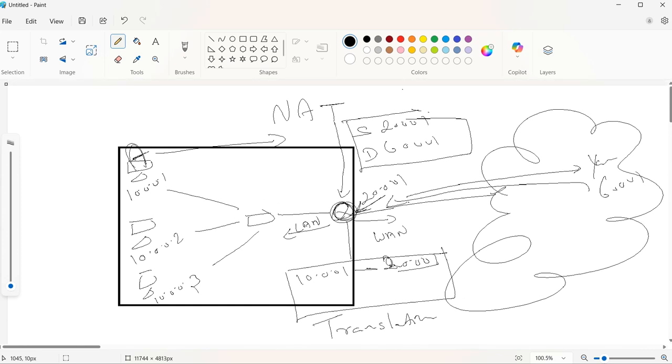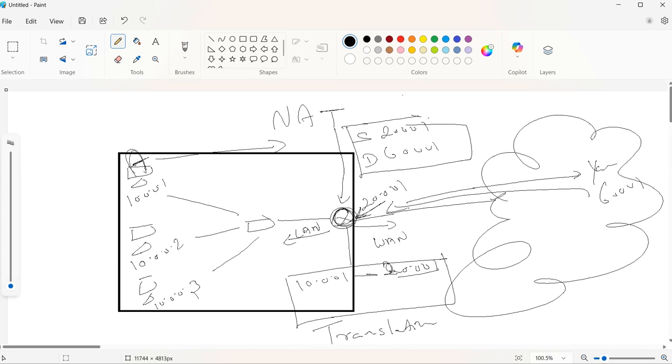See, the reason why we go for NATing is we cannot provide one to one. We cannot provide each computer a public IP address. It is only 32-bit. Providing a public IP address for everyone on earth is not possible. It will be possible only if Corona comes 1,000 times.